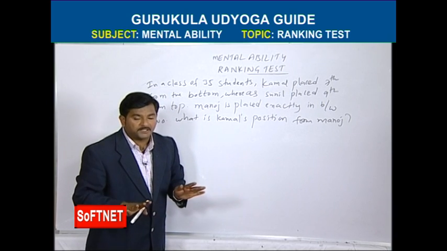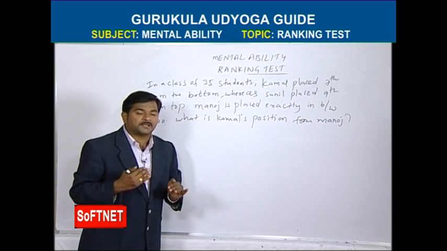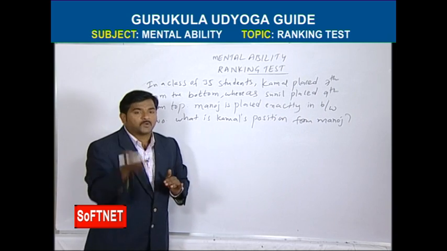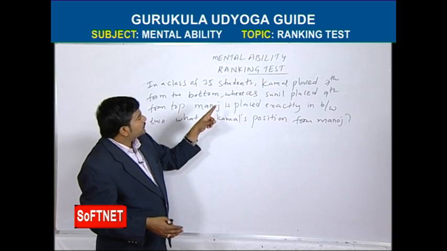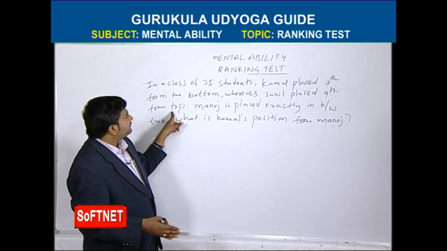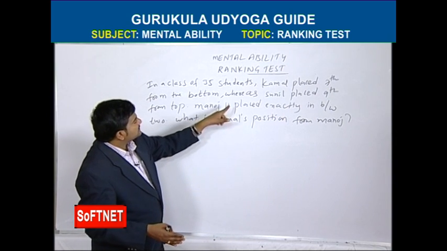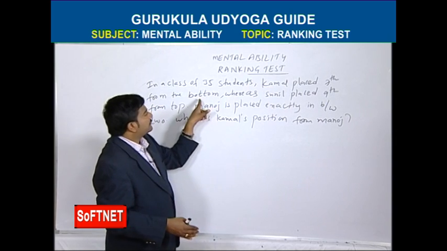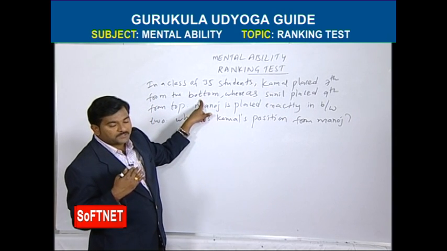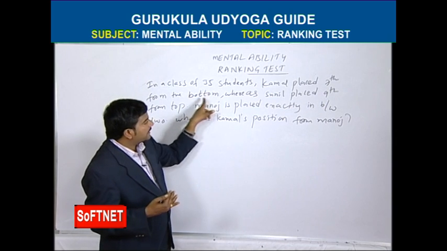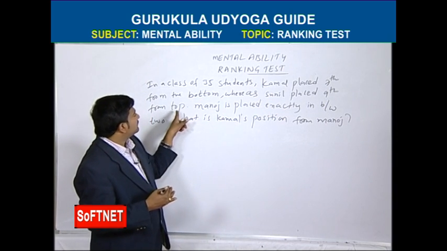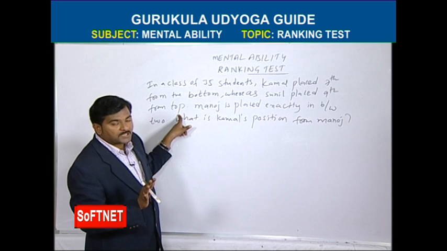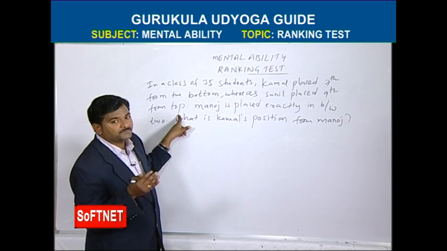I don't know any one student's position from both top and bottom. Sunil's position from top is given, whereas Kamal's position is given from bottom. I don't know the same person's position from both sides.